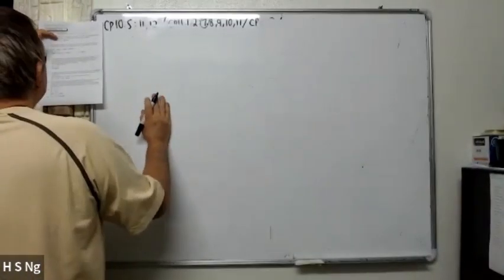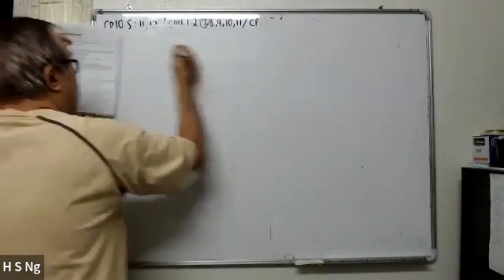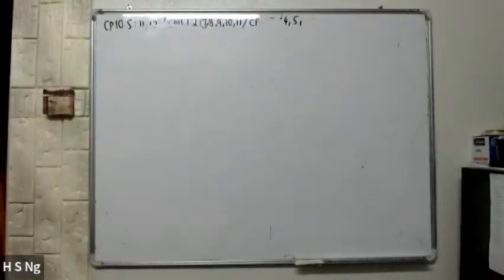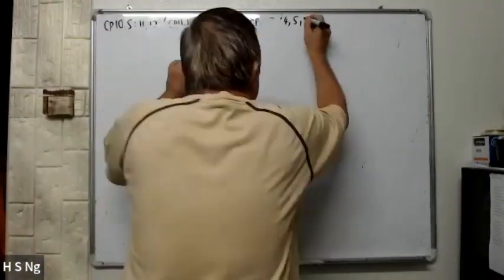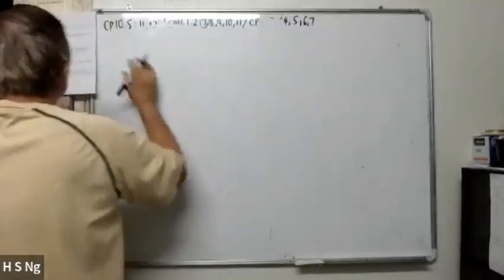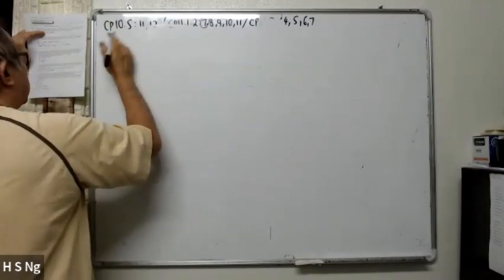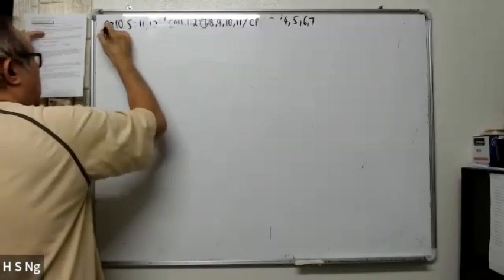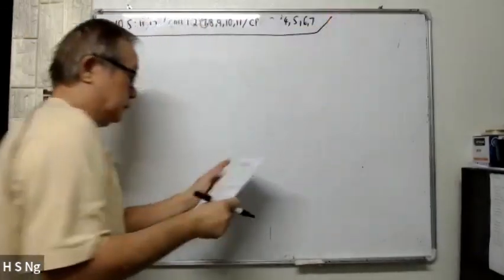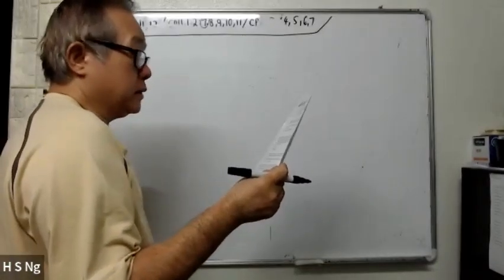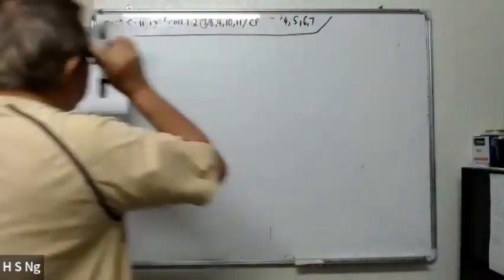Now, we do 4, 5, and 6, 7. These are nothing much. Number 4. Actually it's sitting on cloth in the locker room whose dark walls are at a temperature of 15 degrees.